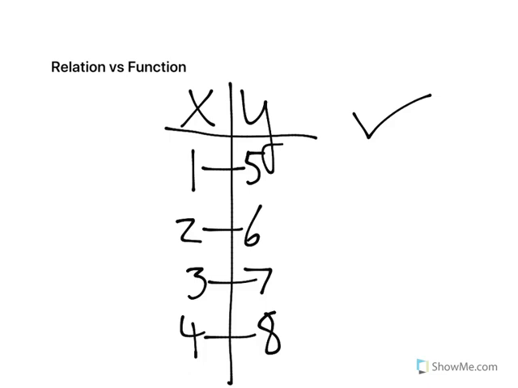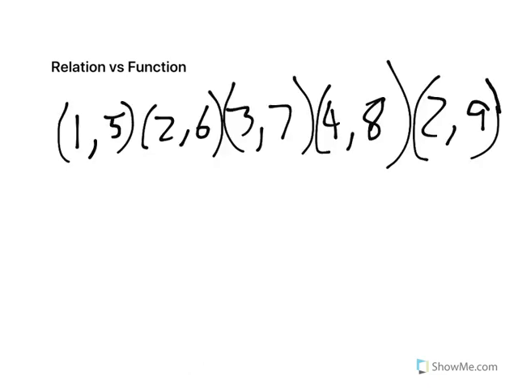If, however, I gave you points, say I gave you these 5 points. Now 4 of them are from that table I just gave you, those first 4, but say I gave you these points. For every value of x, there can only be one value of y. So what you really have to do is look for multiples of the same x. There's only one 1 here. Okay, if I look at 2, there's a 2 here and a 2 here.